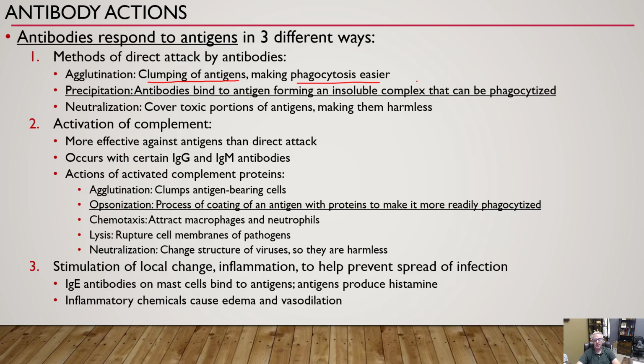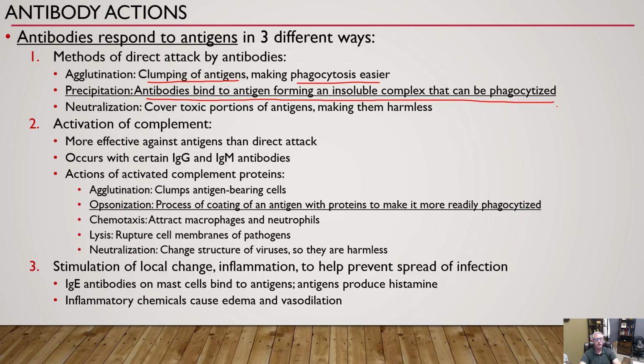You have a bunch of cells that are clumped together, and phagocytes can come in and eat at that clump. We also have precipitation. That's when antibodies bind to the antigen, forming an insoluble complex that can be easily phagocytized. If you took chemistry lab and you had stuff precipitate out, that's what we're talking about here.